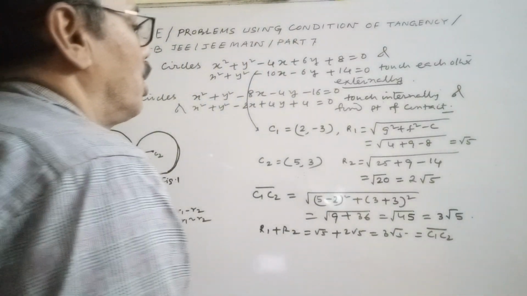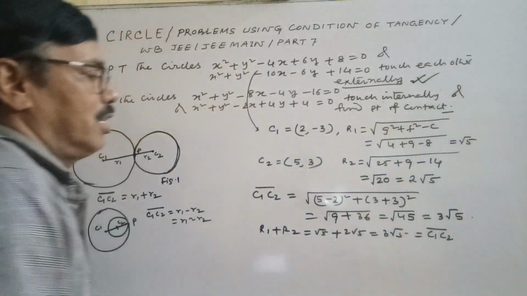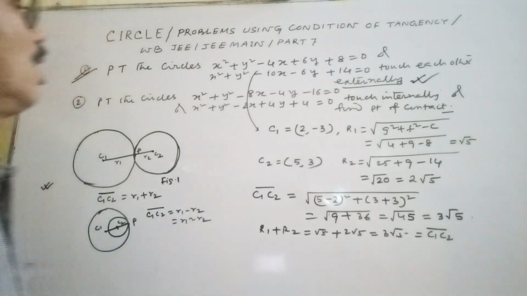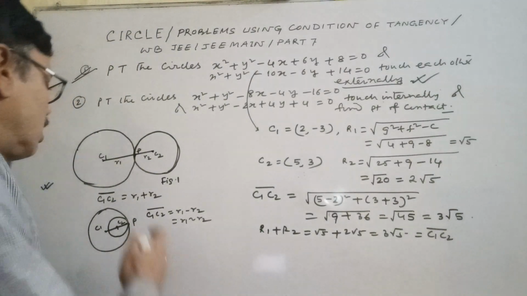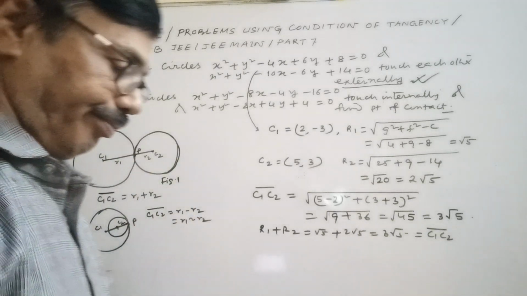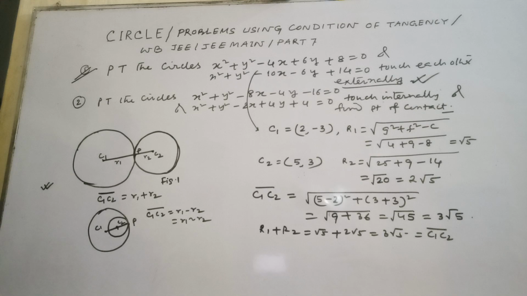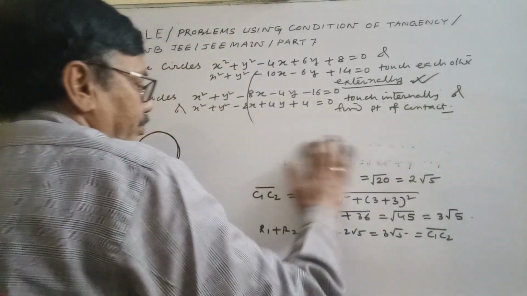So therefore, two circles touch each other externally. So you need to know how to find center and radius, the result of class 10. So very simple problem. Now problem number 2.